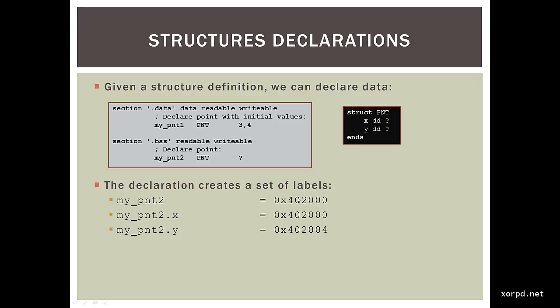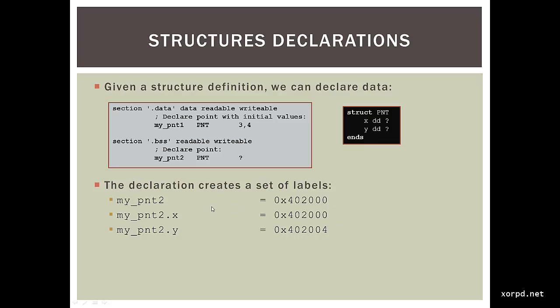So it has the same label value. And finally, myPNT2.y is going to have this value, which is 4 bytes larger than myPNT2.x. That is because X is of size 4 bytes. So X is going to be in this location in memory, and Y is going to be in this location in memory.